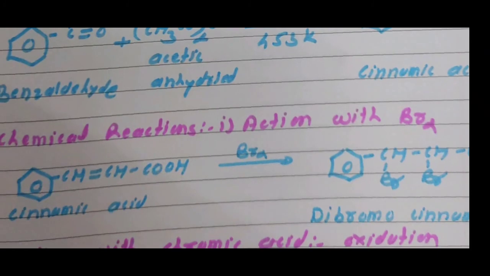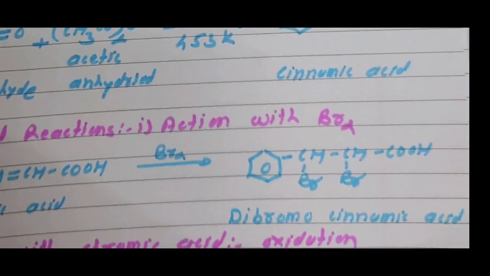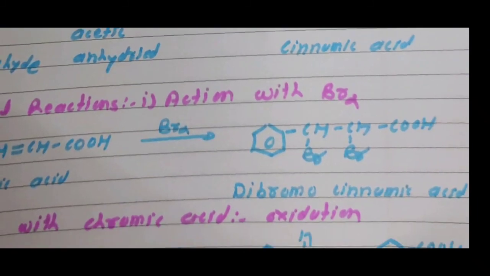Here I am showing the structure: cinnamic acid, benzene ring, CH double bond CH, COOH, plus Br2. The Br2 molecule adds to the carbon-carbon double bond. One Br atom is attached to one carbon atom and another Br atom to the next carbon atom, forming dibromo cinnamic acid. This is the action of Br2 on cinnamic acid.